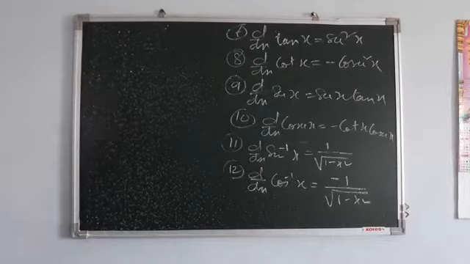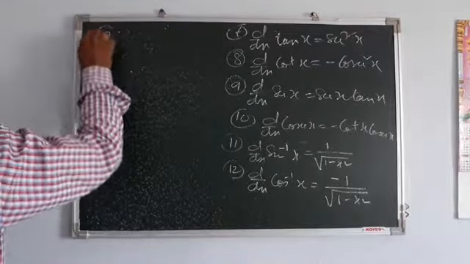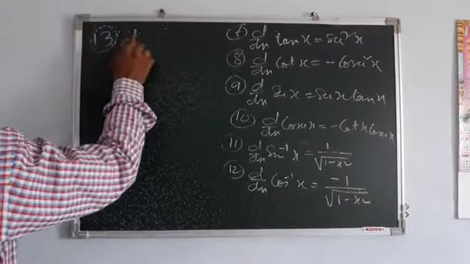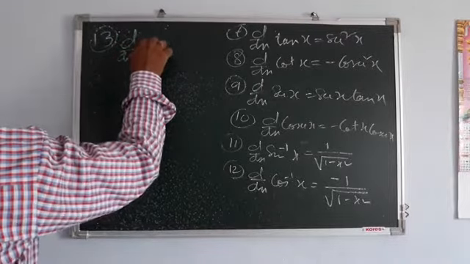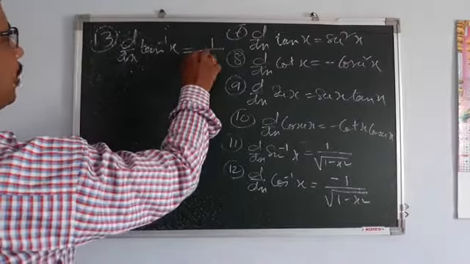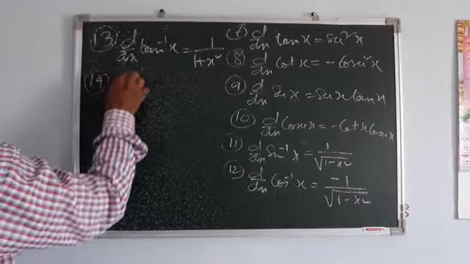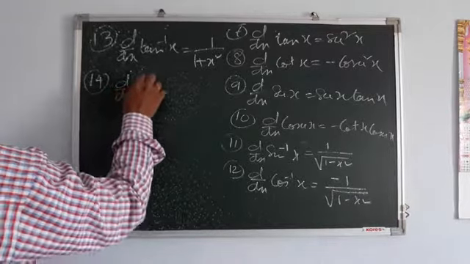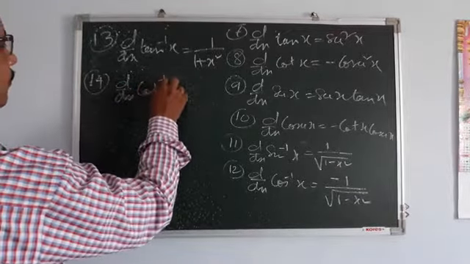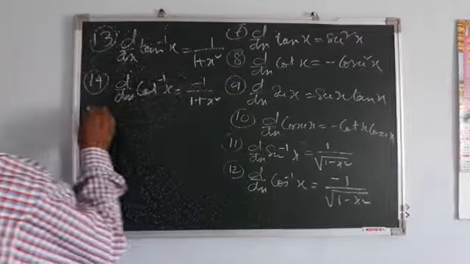I expect you will copy this and learn this. You should be ready for any formula use. Differentiation of tan inverse x is 1 by 1 plus x square. Then d/dx of cot inverse x is minus 1 by 1 plus x square.